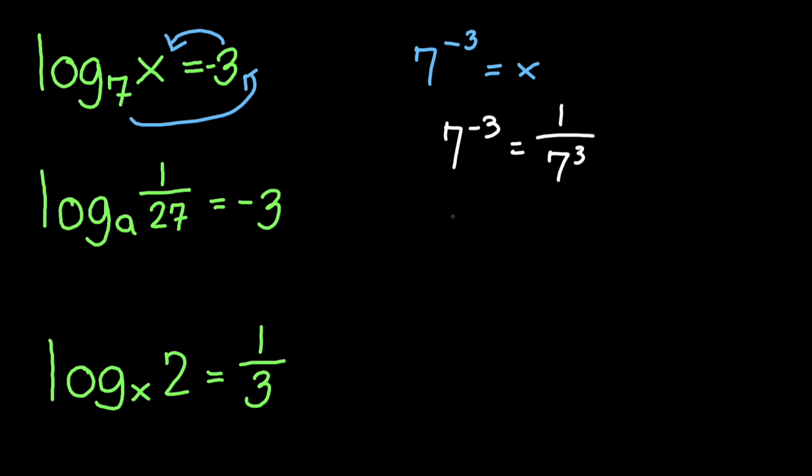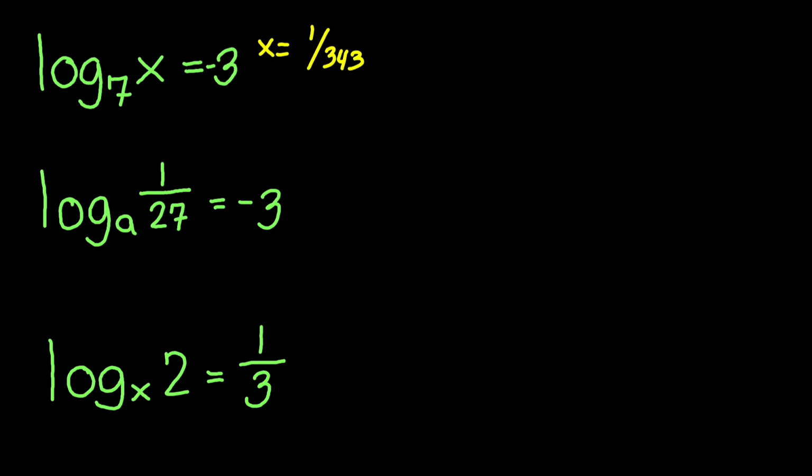So rewrite this: 1 over 7 raised to the power of 3 equal to x. So 7 multiplied by 7 is equal to 49. Multiply this by 7 again. You would have an answer of 1 over 343.